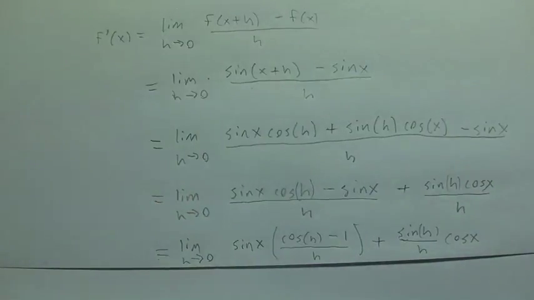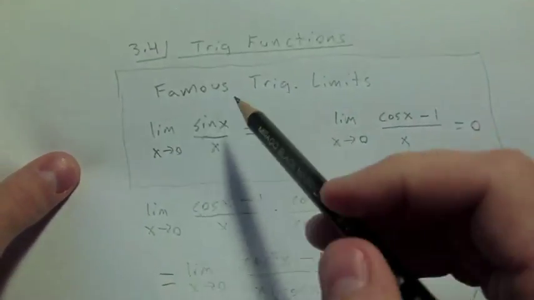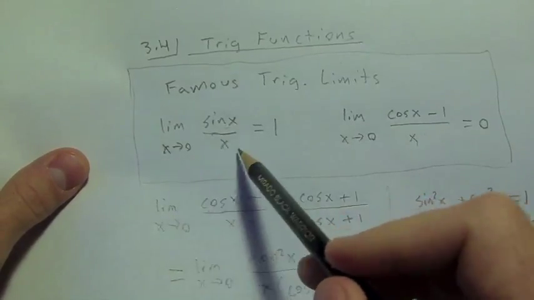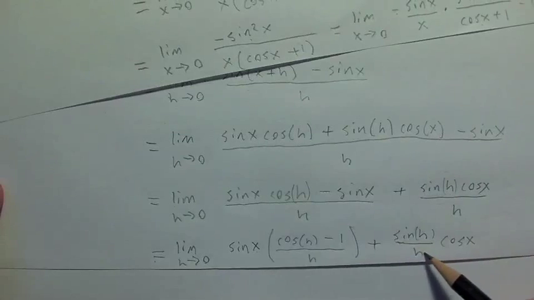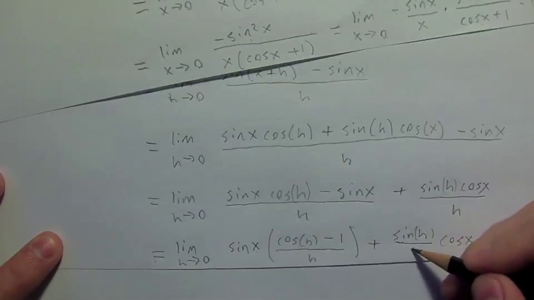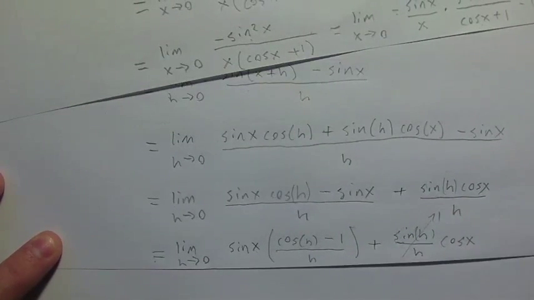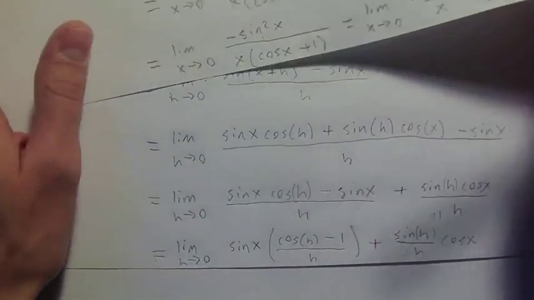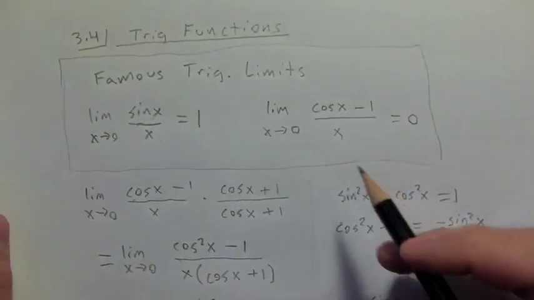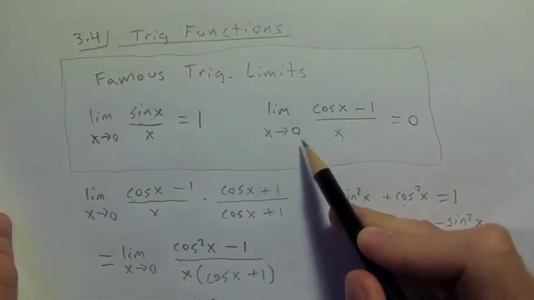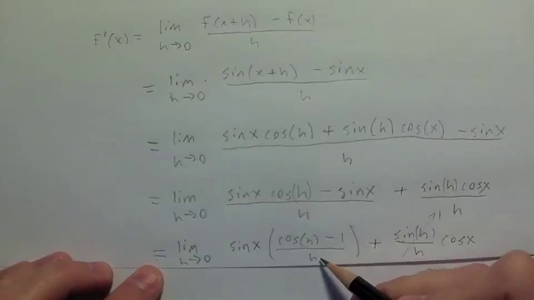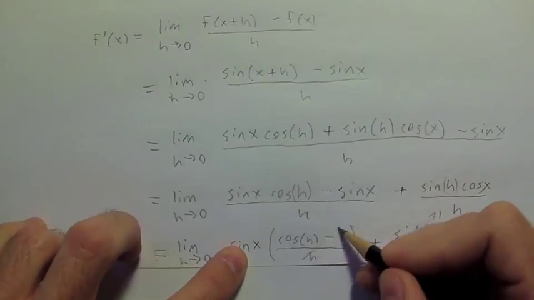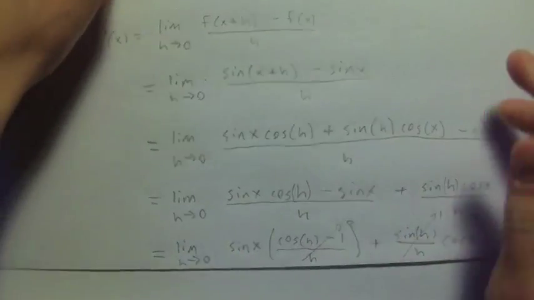Now if we go back to our special limits here, we know sine of x over x as x goes to 0 is 1. Well, here we have sine h over h as h goes to 0, so this piece is going to 1. And then I know cosine x minus 1 over x as x goes to 0 is 0. So here we have cosine h minus 1 over h as h goes to 0. So this whole thing goes to 0.